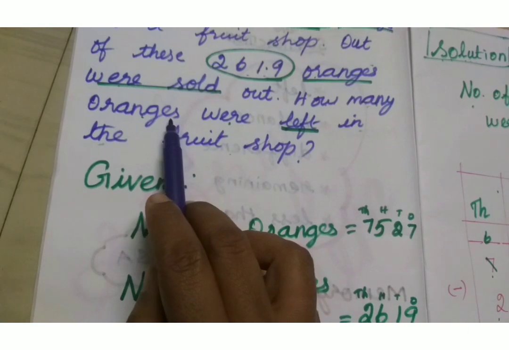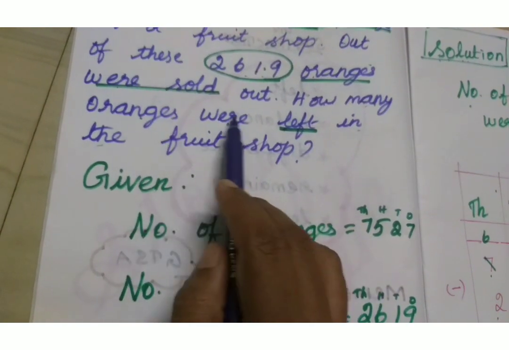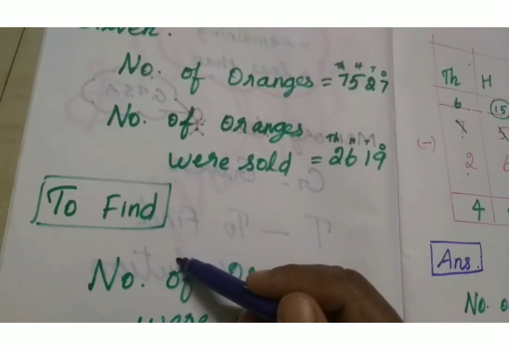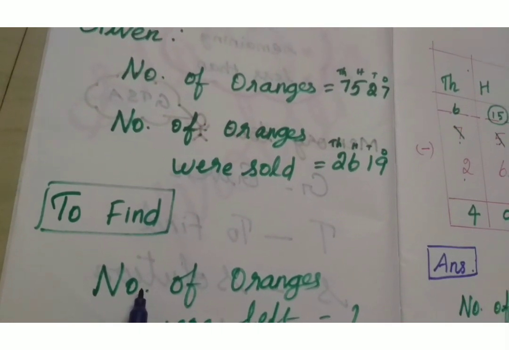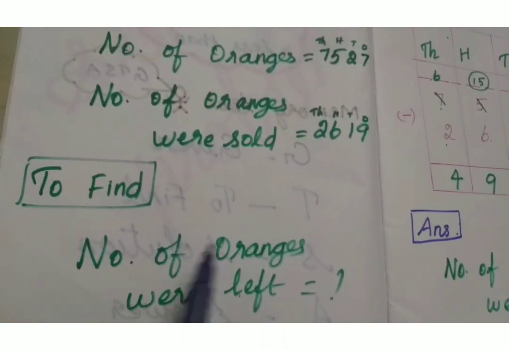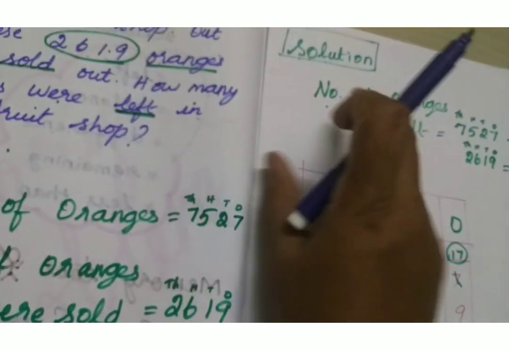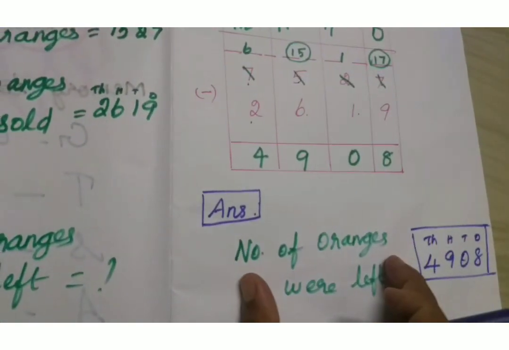After the question word, the words are oranges were left, and this is the second statement. Under the heading of to find, don't write the question word. Instead of the question word, you should write the number of oranges were left. The same statement also in the solution part and in the answer part.